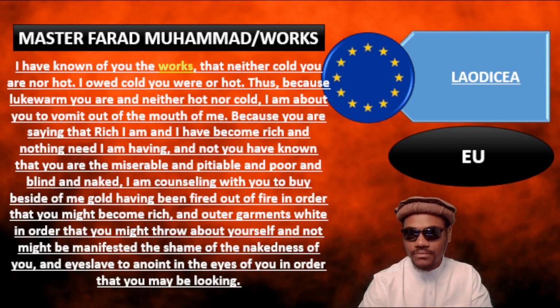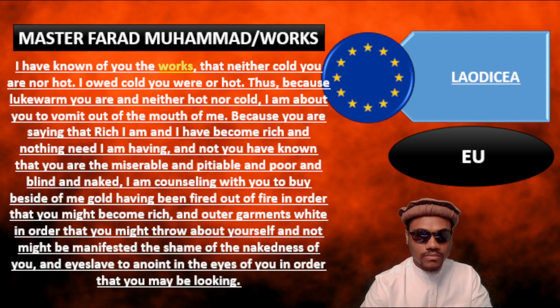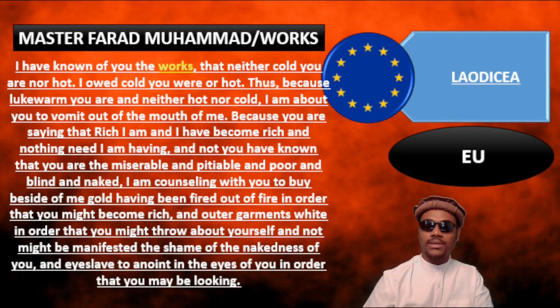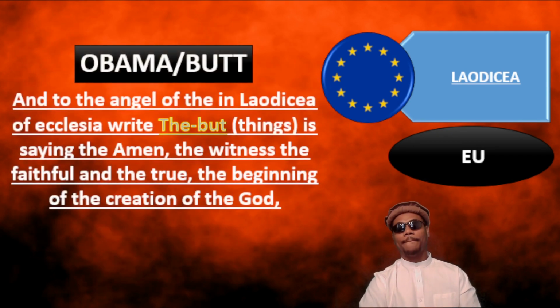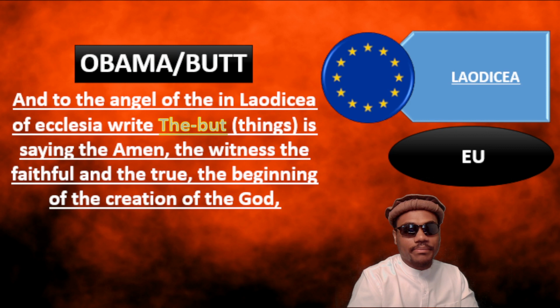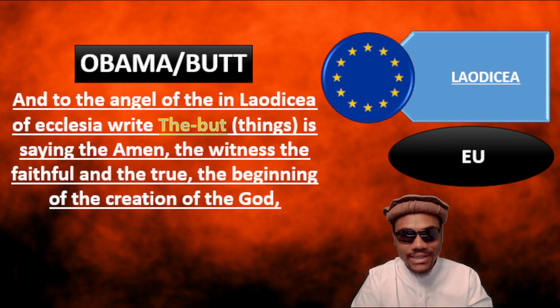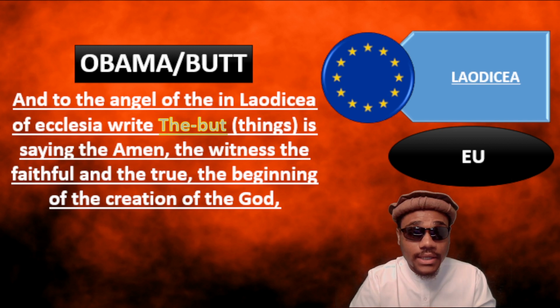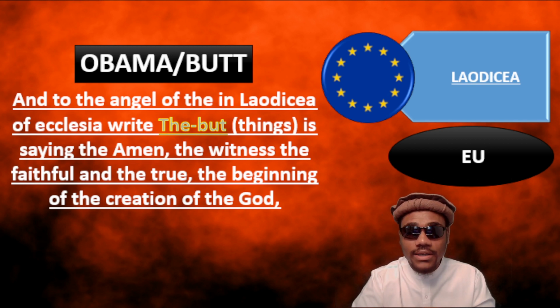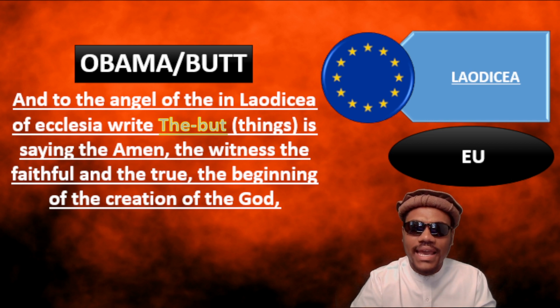So, okay, with that, brothers and sisters, we're going to see what Obama was saying. Obama's the last one. We're going to wrap this up, brothers and sisters. Right. So here you have the but. What is the but saying? He is saying, into the angel of the in Laodicea of the Ecclesia, the but thing is saying the amen, the witness, the faithful, and the truth, the beginning of the creation of the God.